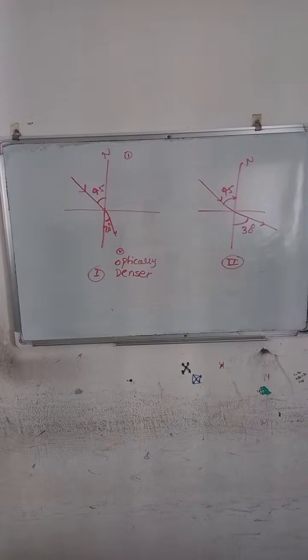Second part from the same question. Light enters from air to a medium X. Its speed in medium X becomes 1.5 into 10 raised to 8 meter per second.